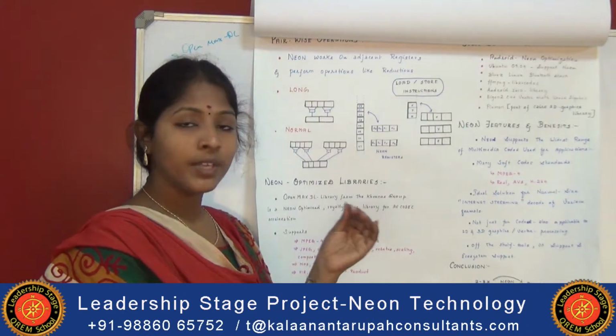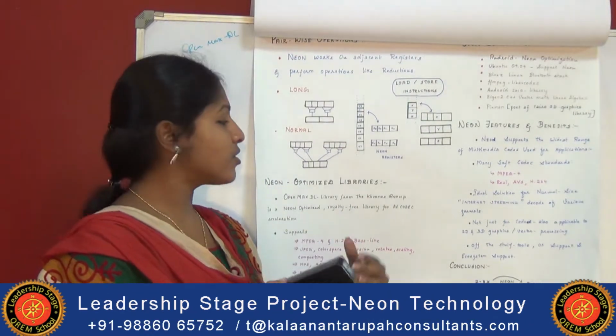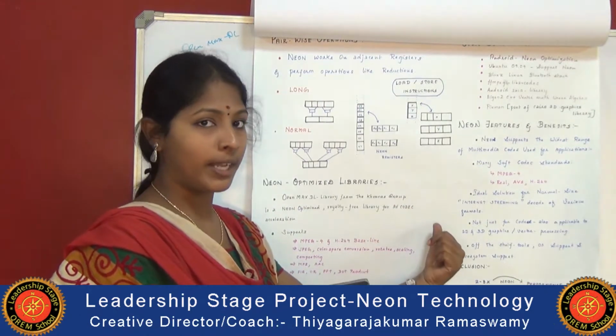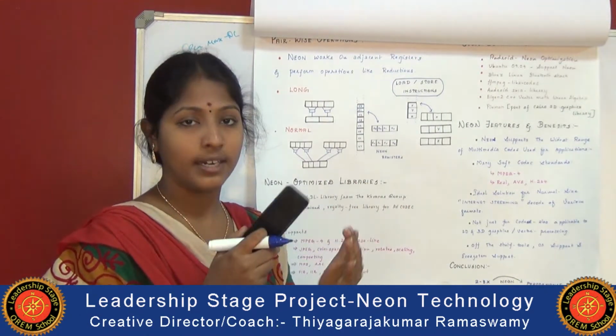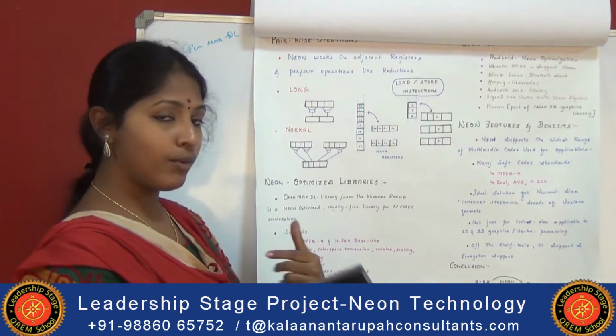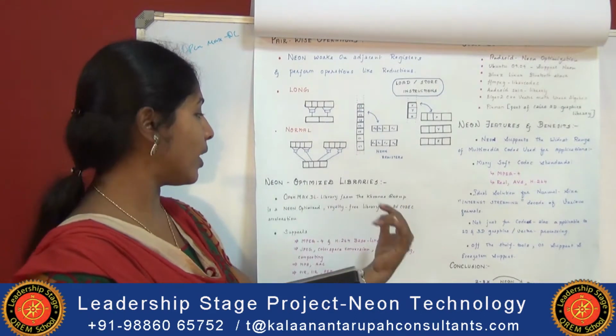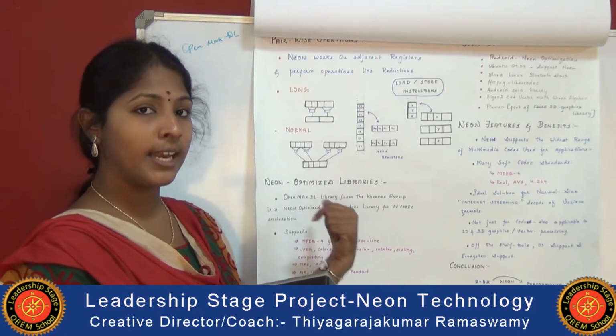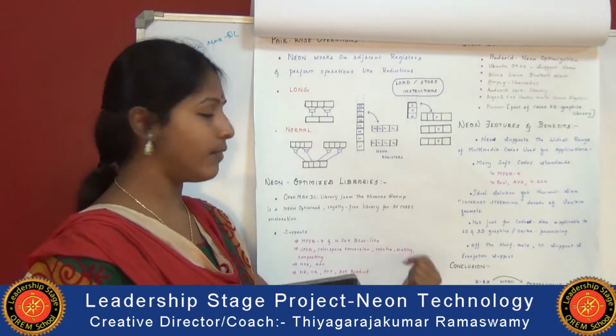A codec is a program or instruction used for coding or decoding a digital data stream or signal. So if you want audio video codec acceleration, we can use the OpenMAX DL library, which is NEON optimized and royalty free.